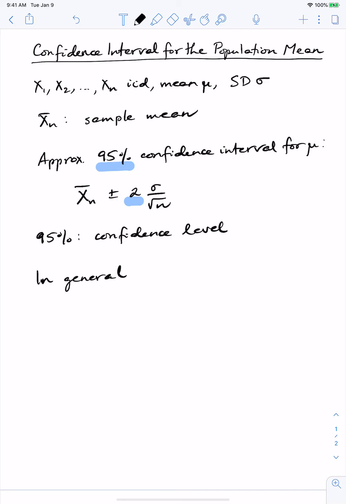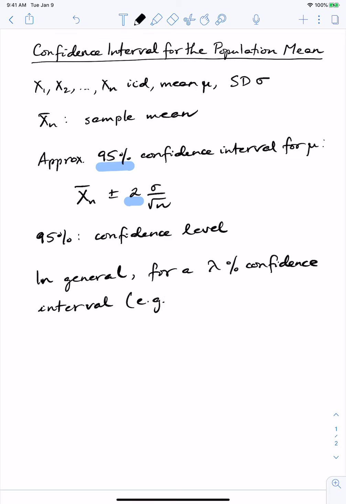And so you should see how this stuff is written in general. If you want some percent confidence interval, it might be a good idea to fix an example in mind. So if you are interested in an 80% confidence interval, then what are you going to do?